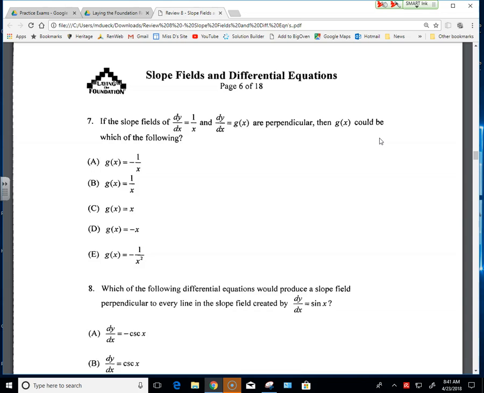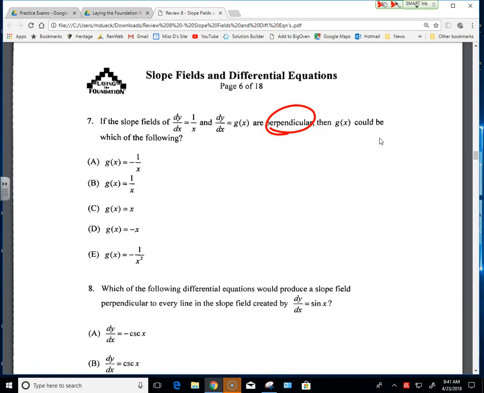So here we go. Number 7. Slope fields, perpendicular. We have no idea who G is, but we do have a clue, right? If the slopes are perpendicular, come on, just in general, pre-cal, algebra 1, opposite reciprocals. What stands for slopes?